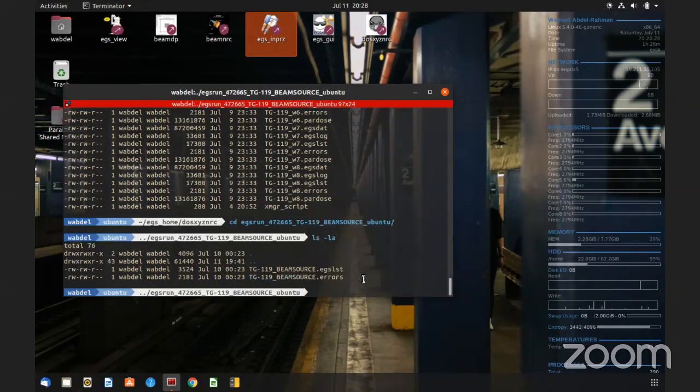So in that folder, you're going to find the EGSdat or the data files. For those XYZ, the 3D dose file is actually going to be inside this folder until the simulation is done, then it will be copied to the main directory.